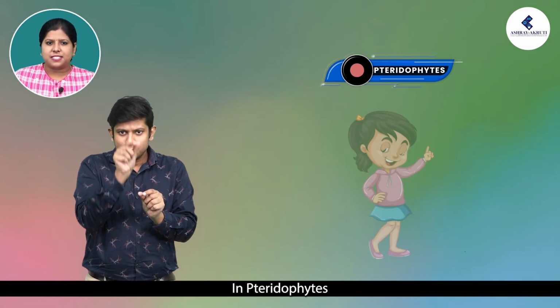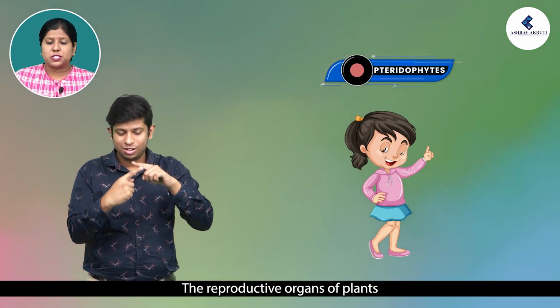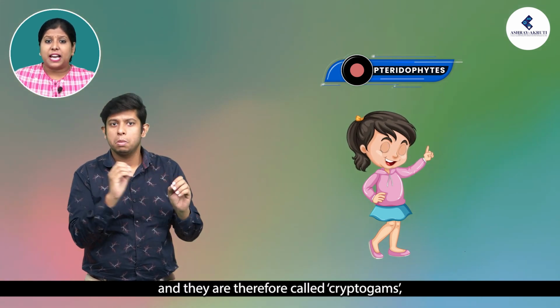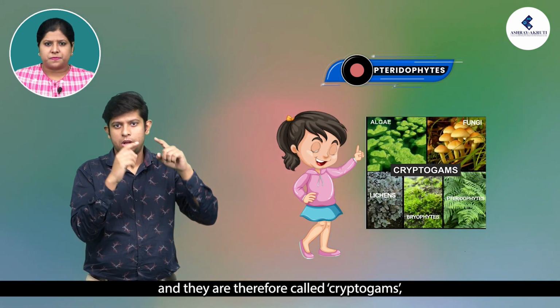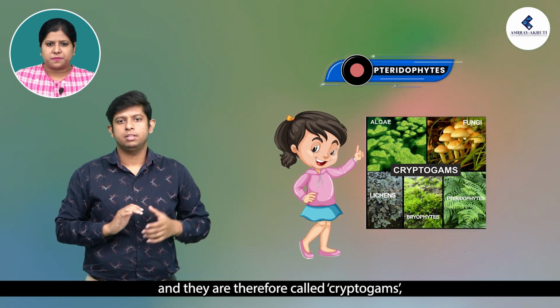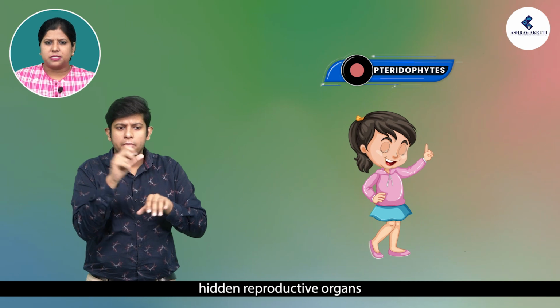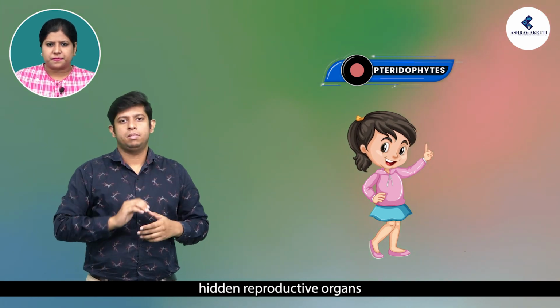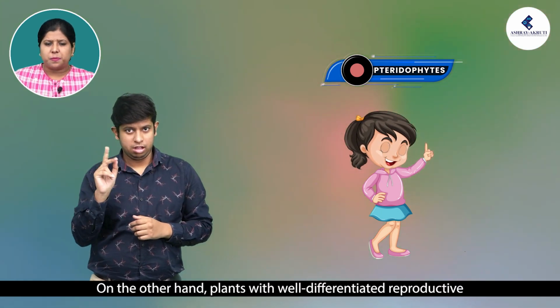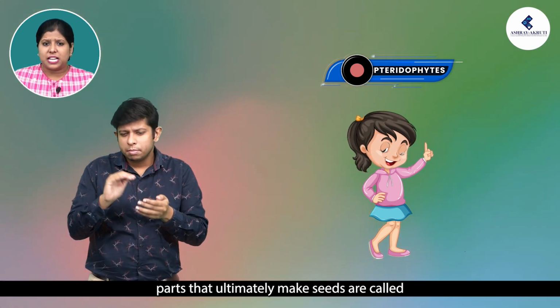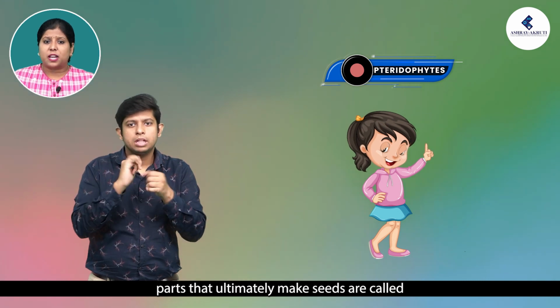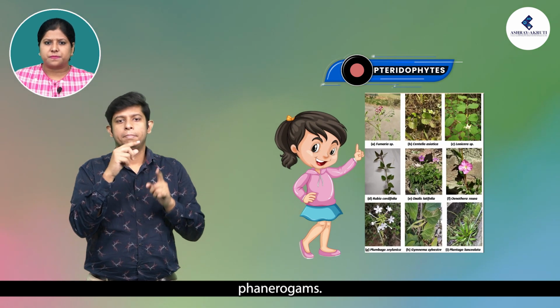In pteridophytes, the reproductive organs of plants are very inconspicuous and they are therefore called cryptogams, or those with hidden reproductive organs. On the other hand, plants with well differentiated reproductive parts that ultimately make seeds are called phanerogams.